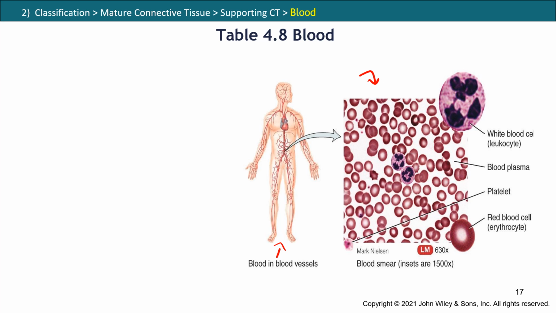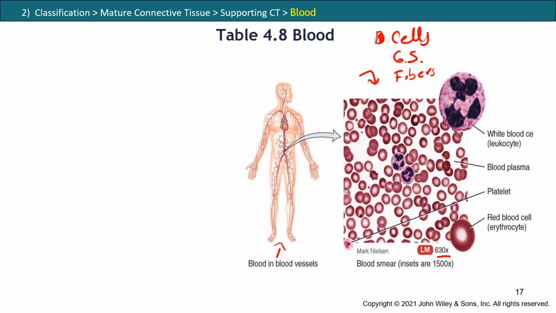And this light microscopy picture shows us different types of materials, and some of those will be cells. Some of them will be ground substance, and some of them will be fibers. Because if you remember, these are the three components of the connective tissue.